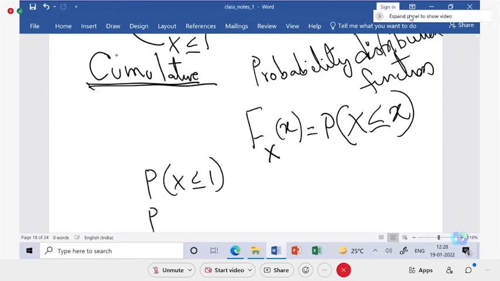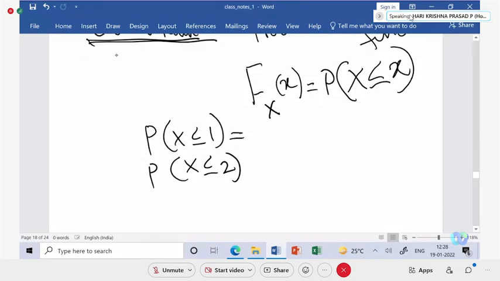In our present case, x can be less than or equal to 6. Okay. What is the probability of x taking a value less than or equal to 1? Because x equal to 1 is included, it is 1 by 6. What is the reason?